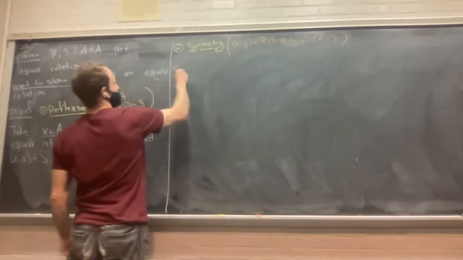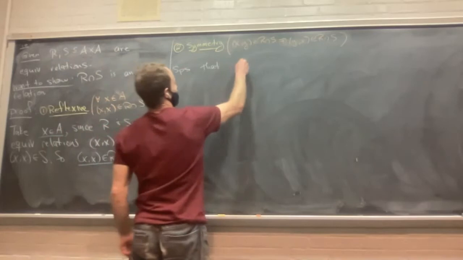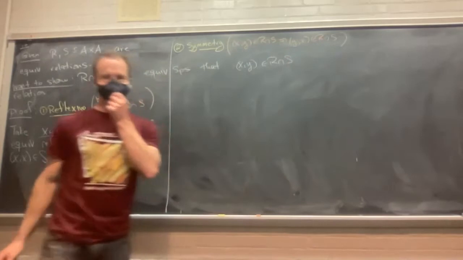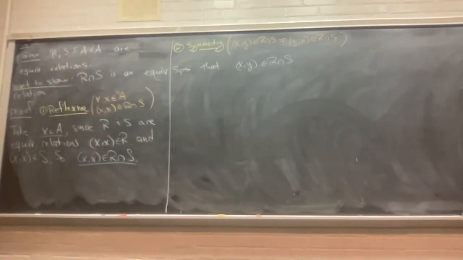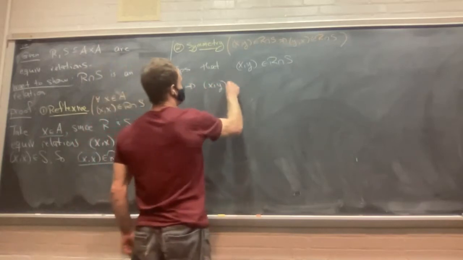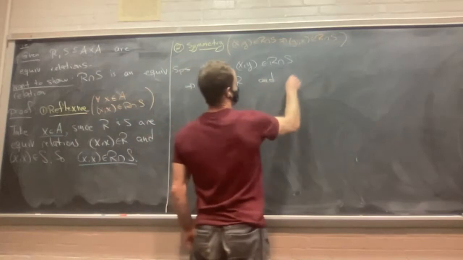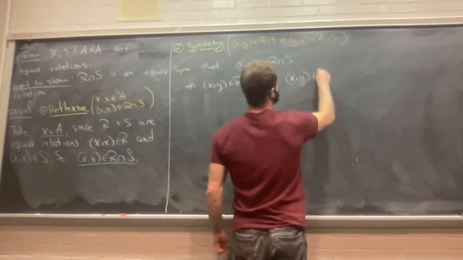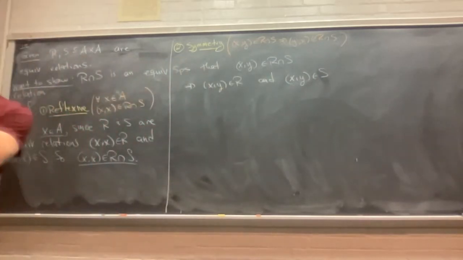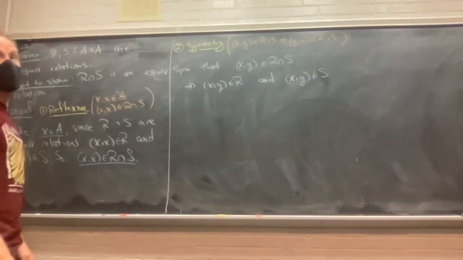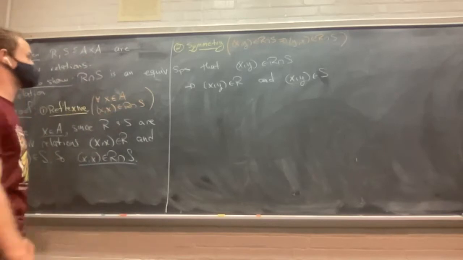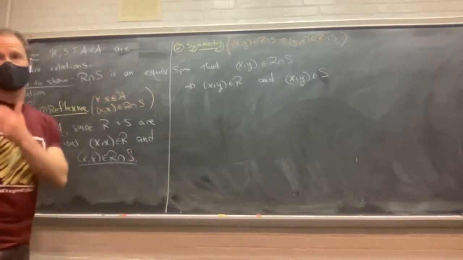So let's suppose that (x, y) is in R intersect S. But now, by the definition of intersection, that means (x, y) is in R and (x, y) is in S. But now we can use our hypothesis. Our hypothesis is that both R and S are equivalence relations, and equivalence relations are symmetric.